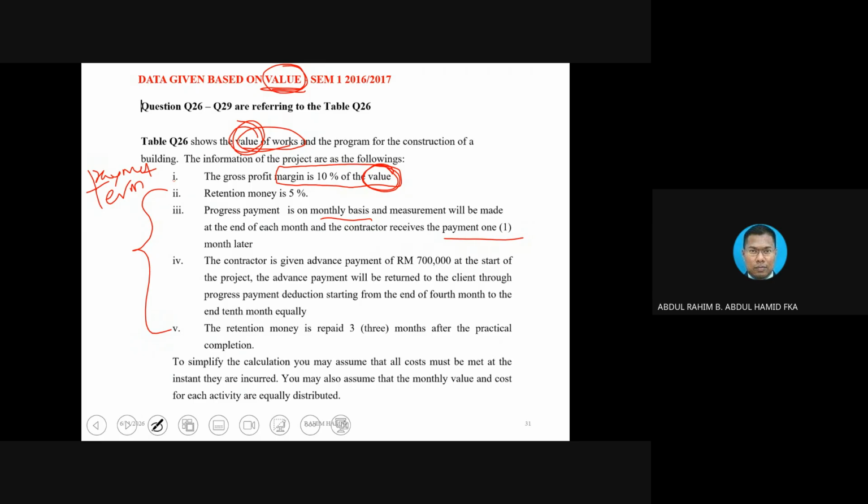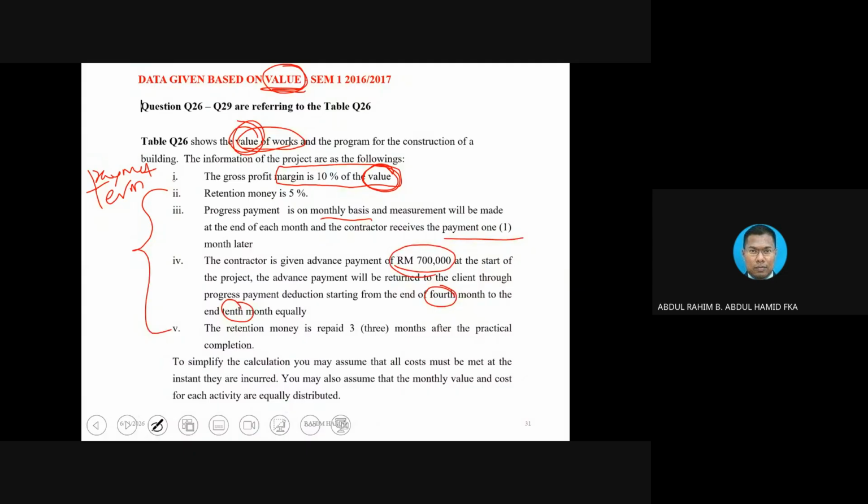Okay, fine. Advance payment. This is the issue. Advance payment is going to be paid 700,000, and then will be returned back to the client, sorry, from the end of the 4th month until the end of the 10th month. If you count from the 4th month until 10, meaning to say there are 7 months.